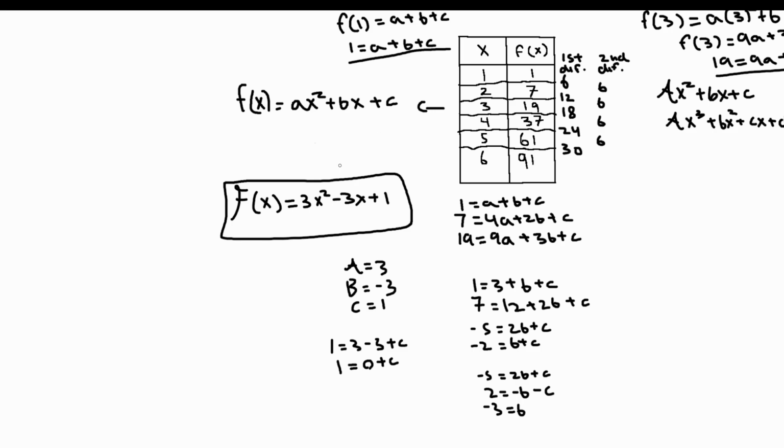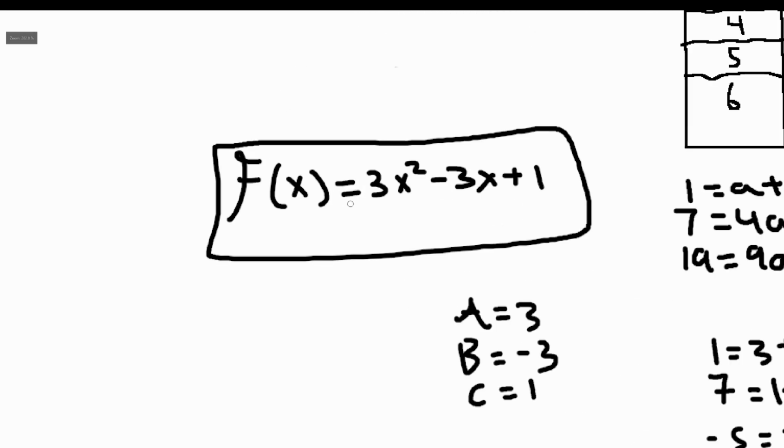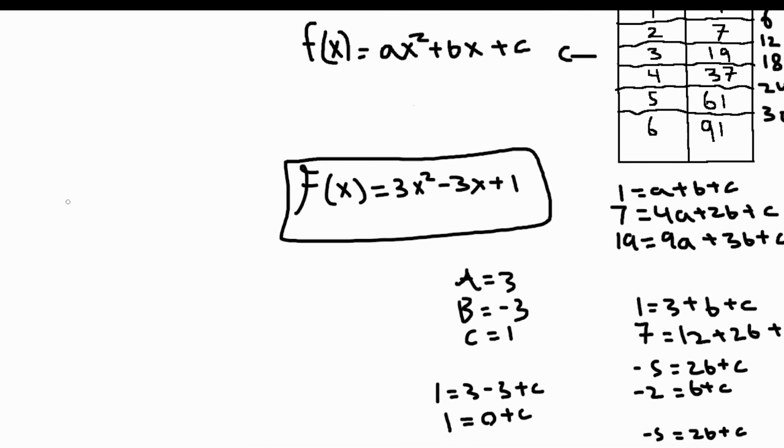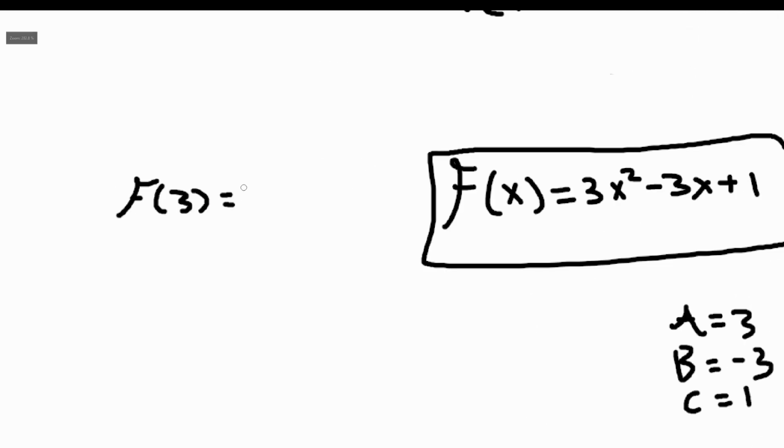Now if you don't trust me, we can try plugging in a number. So let's just try plugging in 3, and if we plug in 3, we should get out 19. Okay, so f of 3 is equal to 3 times 3 squared minus 3 times 3 plus 1.